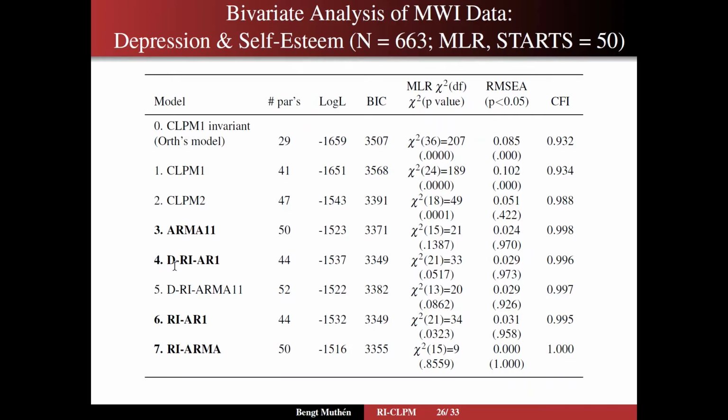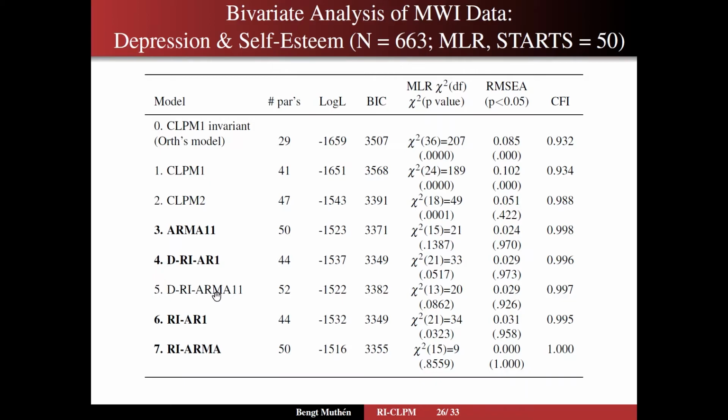Now the dynamic RI-AR1 with 44 parameters fits well as well. So you have a p-value of 0.05 plus here. So that is a dynamic model like the previous ones.